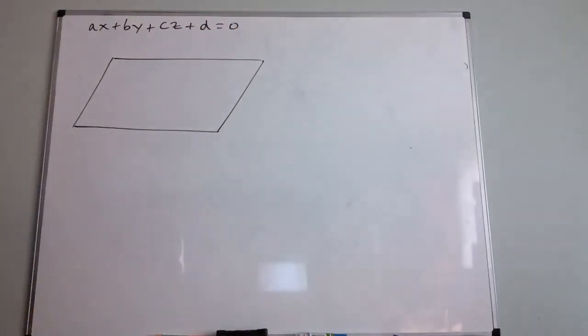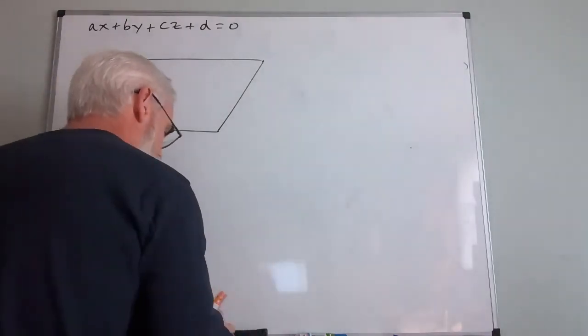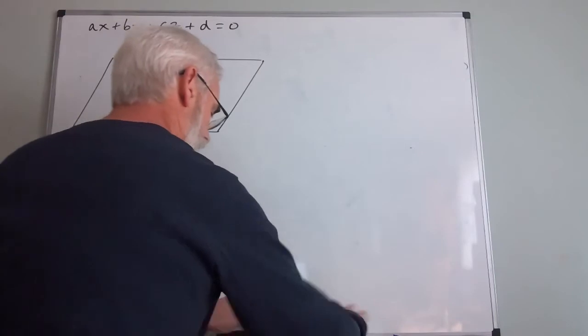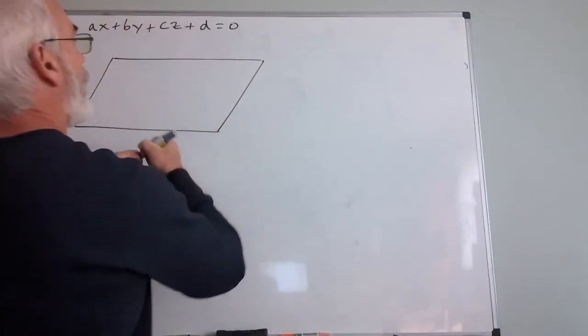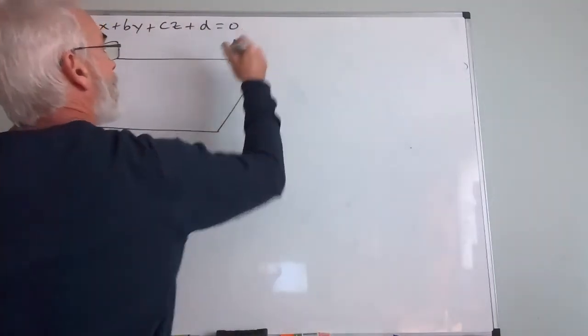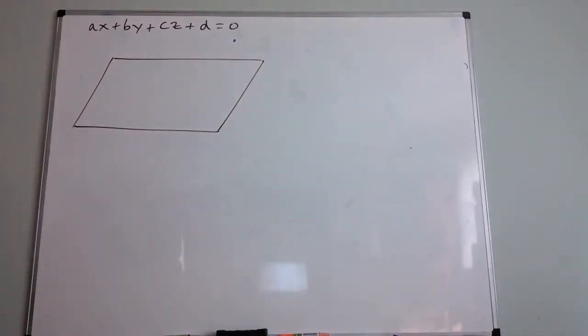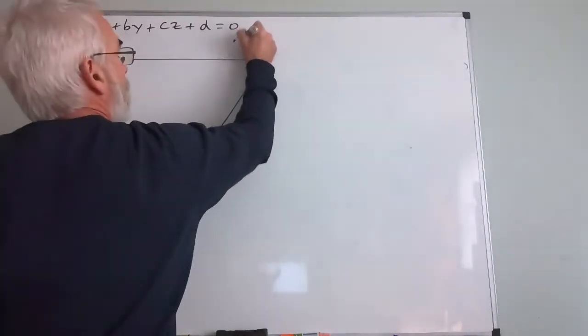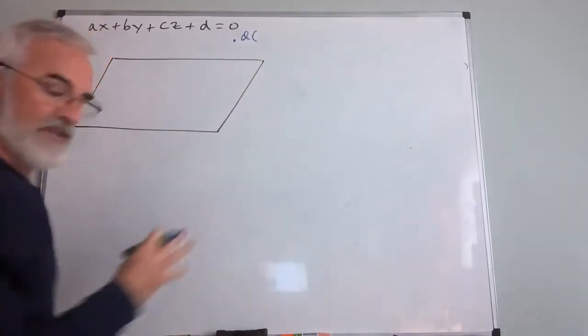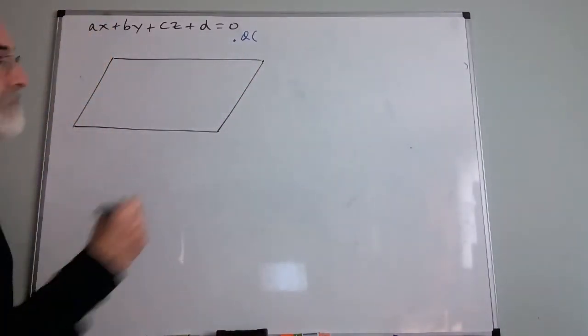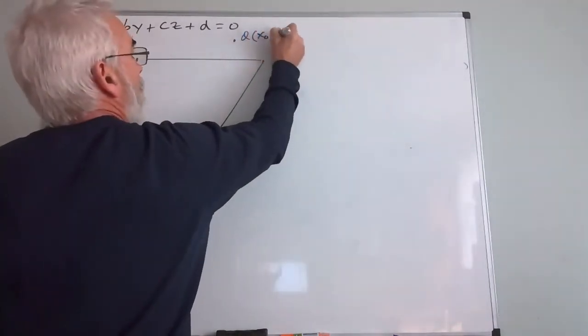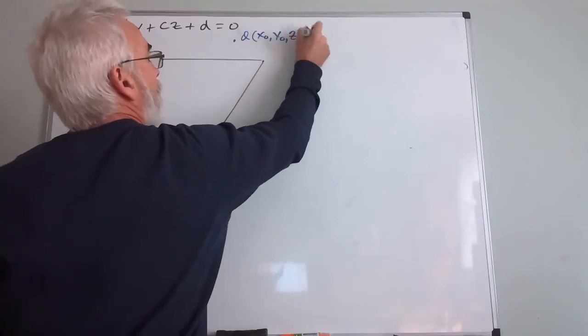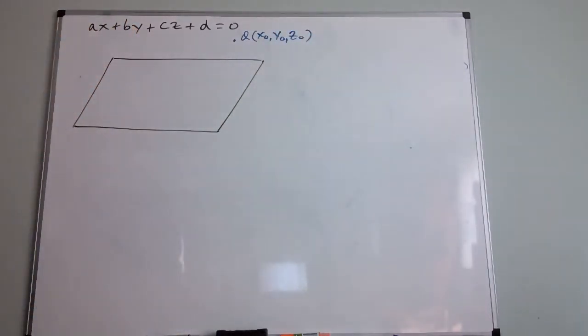I know the equation of the plane. That's not in doubt. So what I'm going to do, I have a point not on the plane. Let's call that point, I don't know, how about point Q? And point Q is going to be, let's say, X naught, Y naught, Z naught. This is a given point.